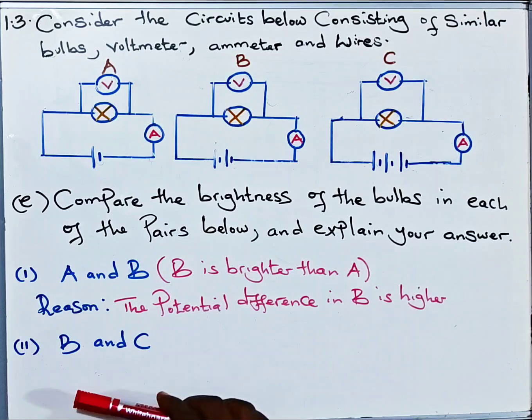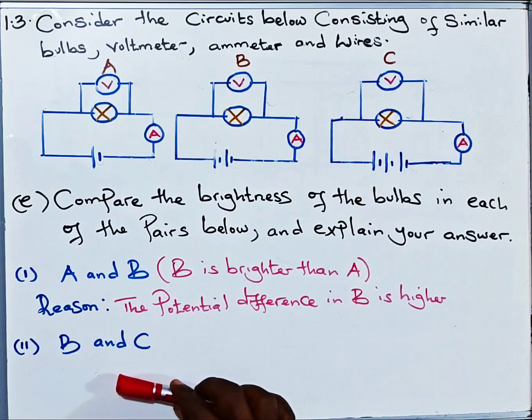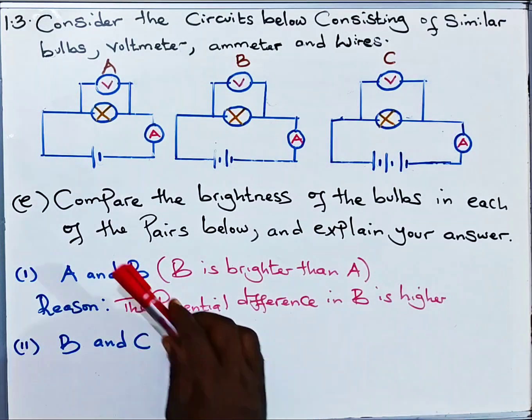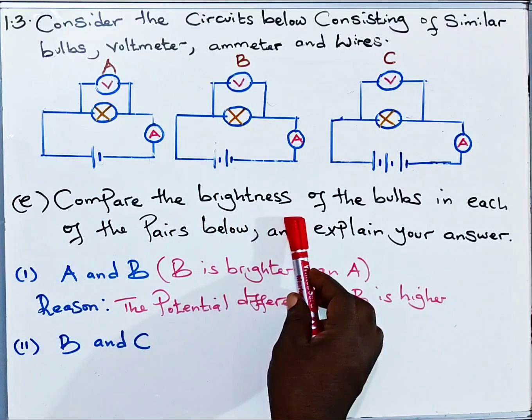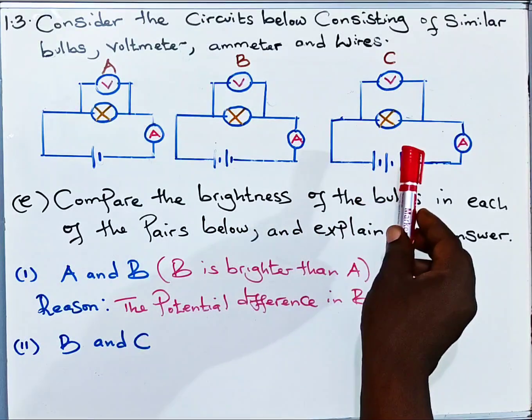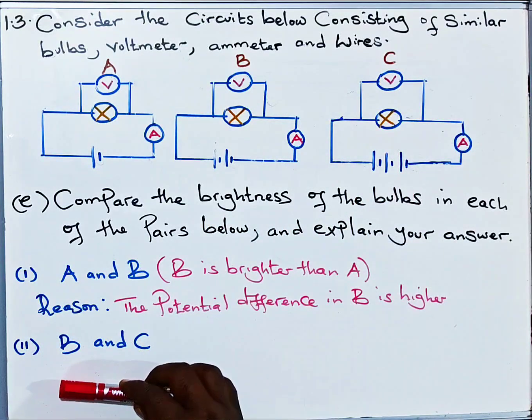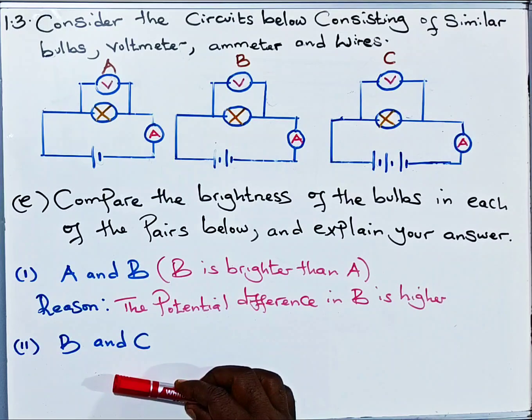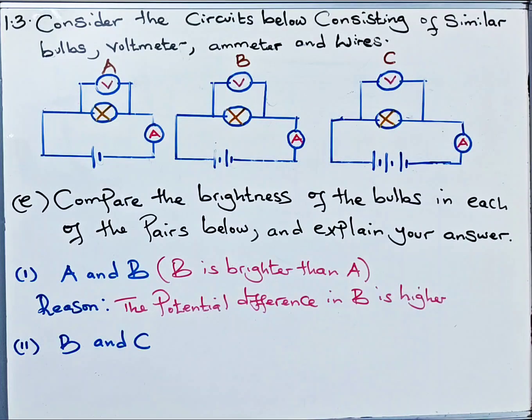When we come to this case, B and C, the question wants us to compare the brightness of the bulb in B and C. So what are you going to say here?